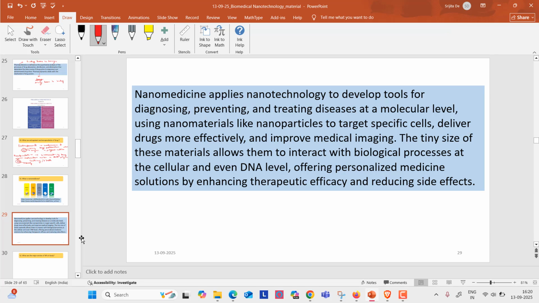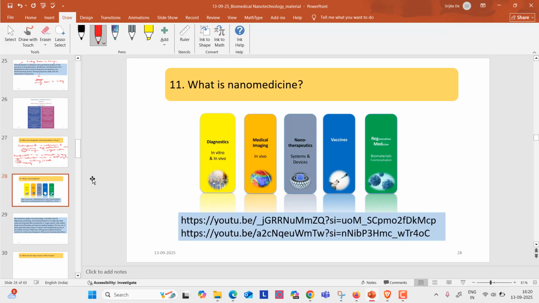So all these come under nanomedicine applications. So you can see it is diagnostics, in vitro, in vivo, medical imaging, nanotherapeutics, vaccines, and regenerative medicine. So we'll see one small video. Other videos you can see later.